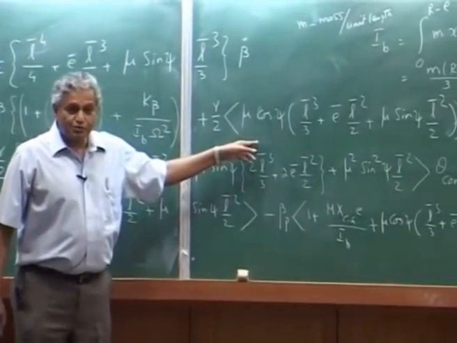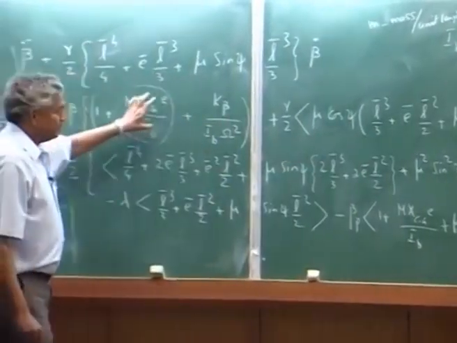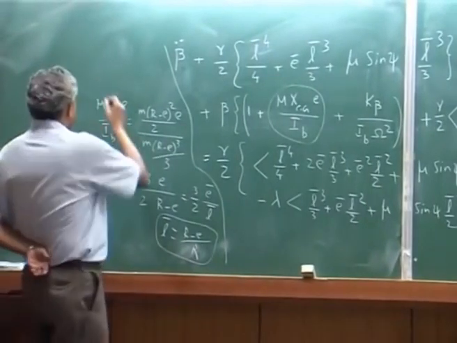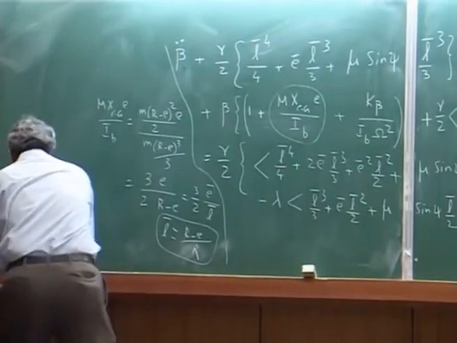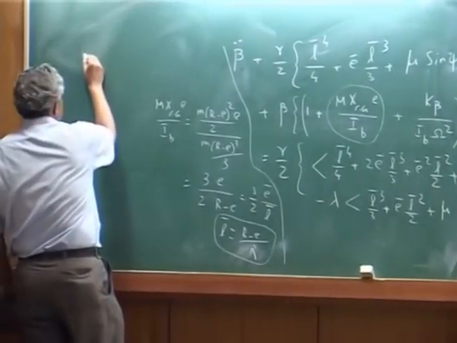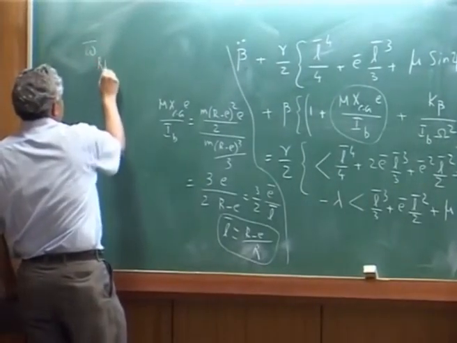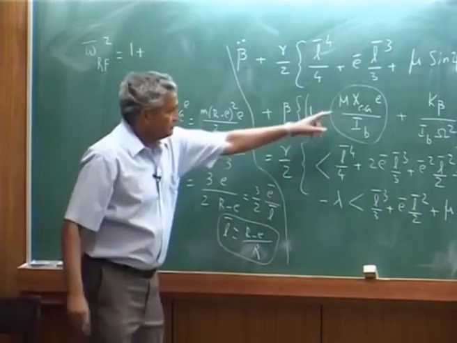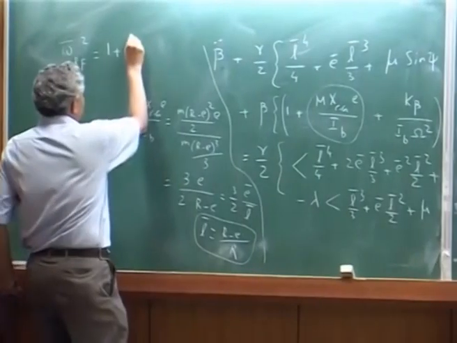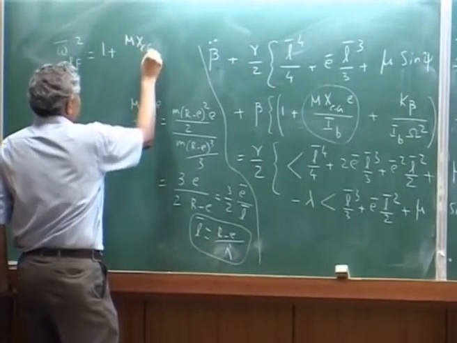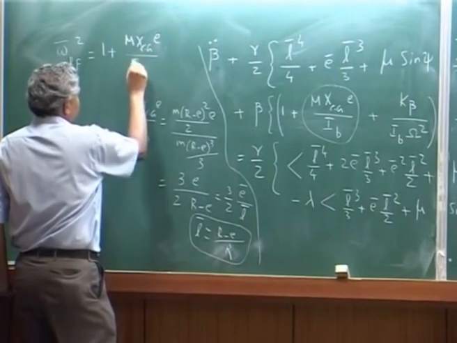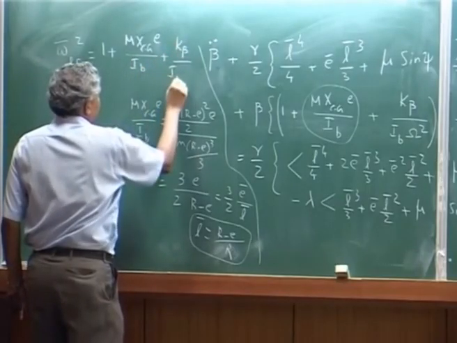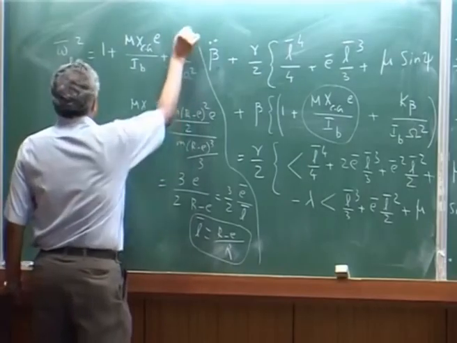The moment I set mu 0, my rotating flap frequency, which is omega bar r f square, is 1 plus m x c g e over I b plus K. Okay. This is my rotating flap frequency.